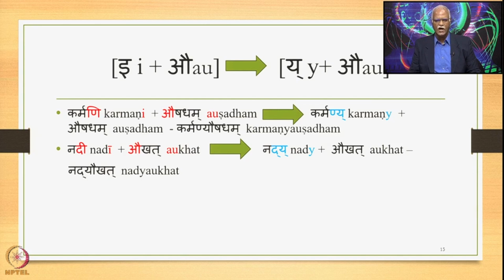Similarly, Nadi Aukhat. Aukhat is the past tense of Ukha, and so we have the environment for application of 6177, and so we get the output in the form of Nadya Aukhat, Nadyaukhat.